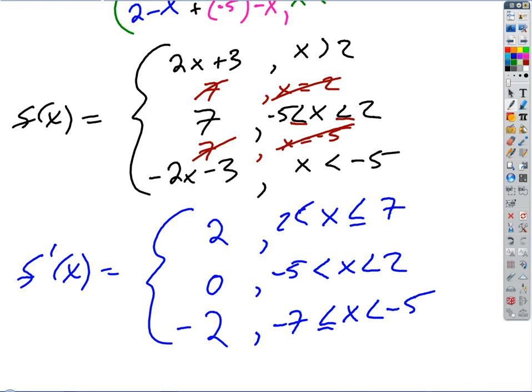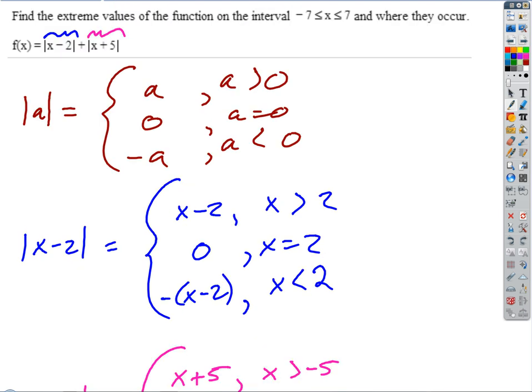How did I get those on the right side? Because they're the same as these up here. We know that the slope is equal to the derivative of 2x plus 3 when x is greater than 2. But really what we wanted to do there was probably write that as x is greater than 2 and less than 7, because the original problem said that's our interval.